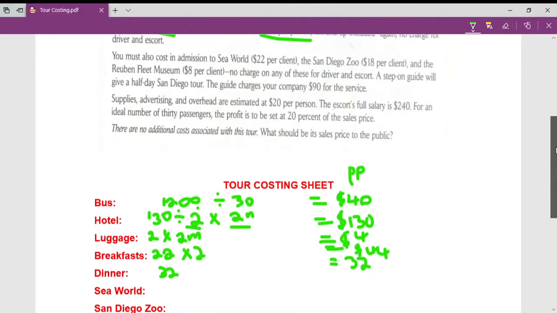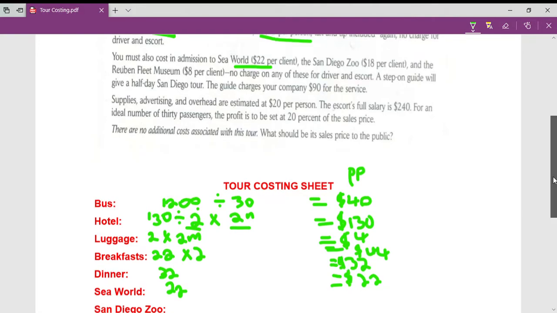And then it also says that you must also cost out admission to Sea World, which is $22. Again, it says per client. So we're going to have 22. I'm sorry, it's difficult to write with this.